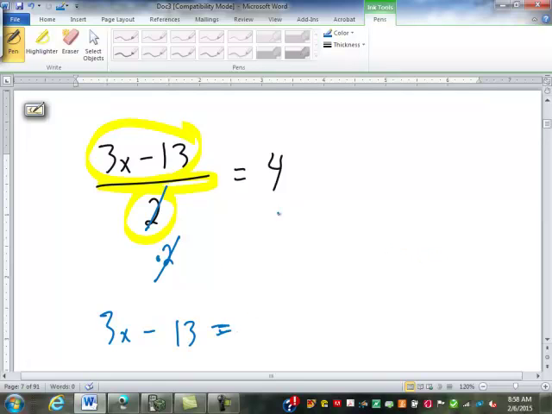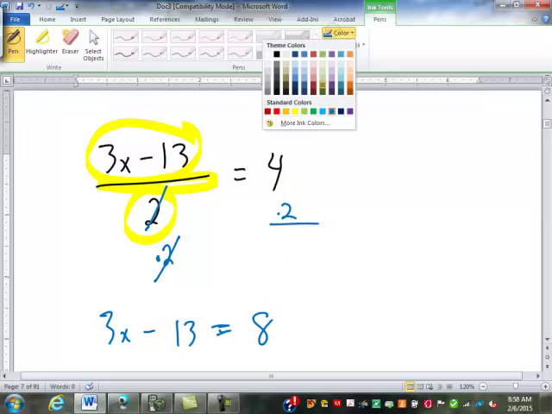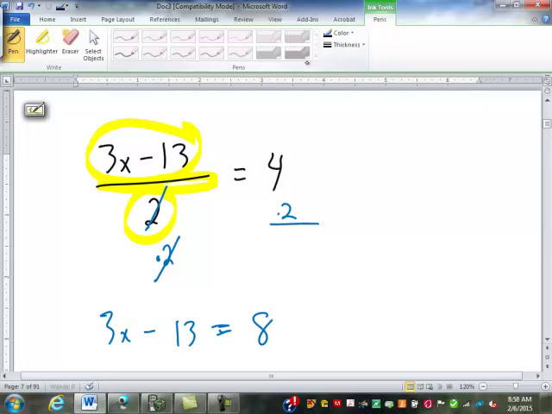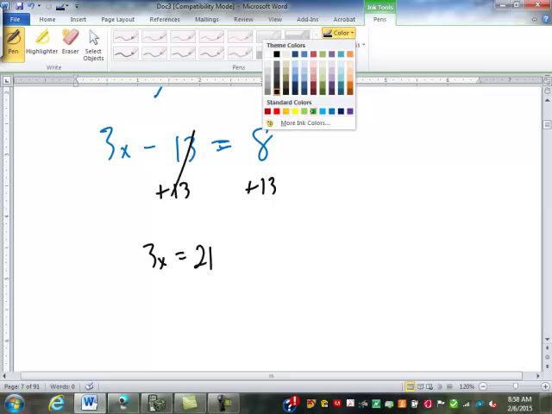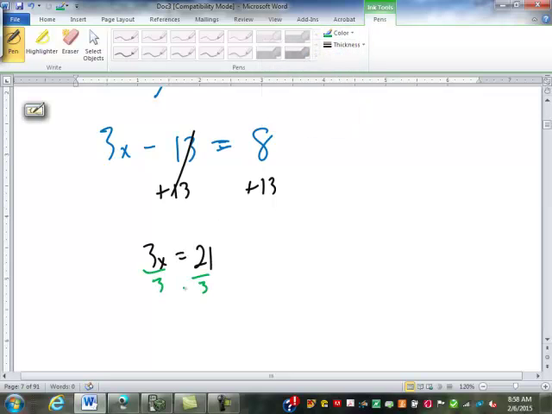Well, on the other side, we have to multiply by 2 as well. 4 times 2 is 8. Next, we're going to add 13. 3x equals 21. And divide by 3. So x equals 6.